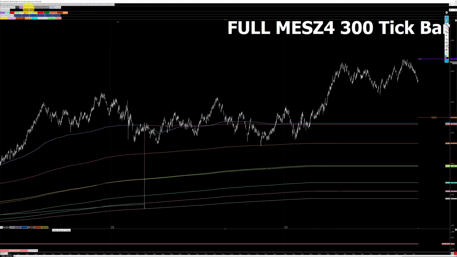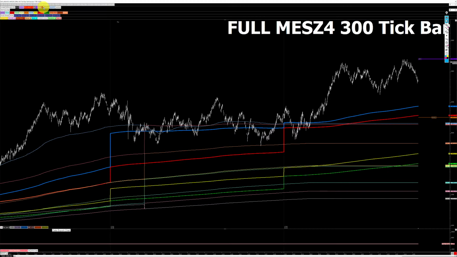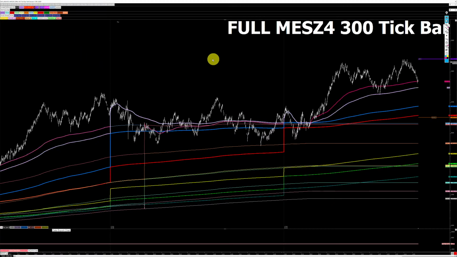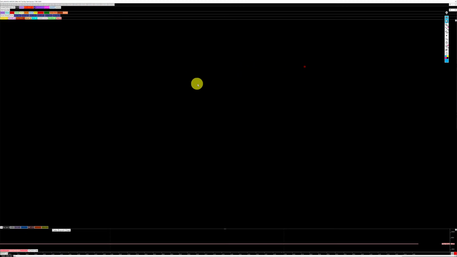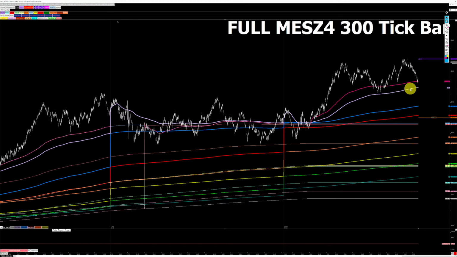If you hang out often, all right, so again, purple is going to be blue. That'll be the 1 day back when we fire up RTH tomorrow, or actually ETH tonight.